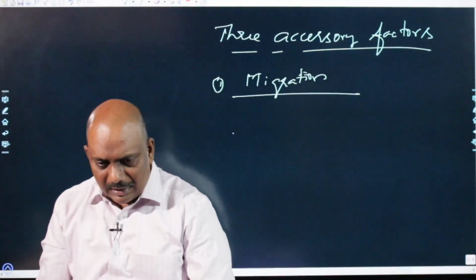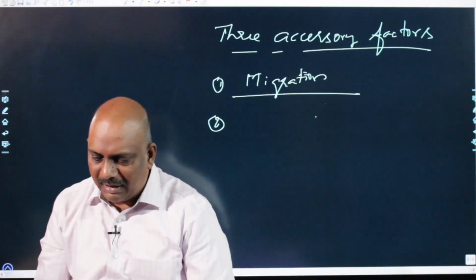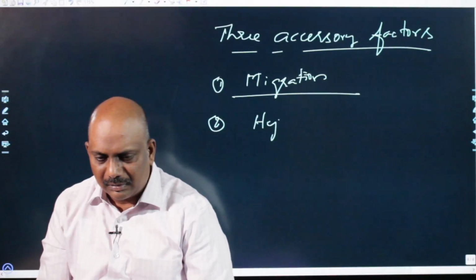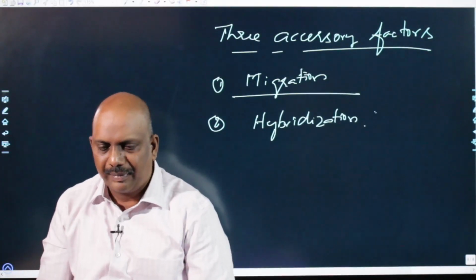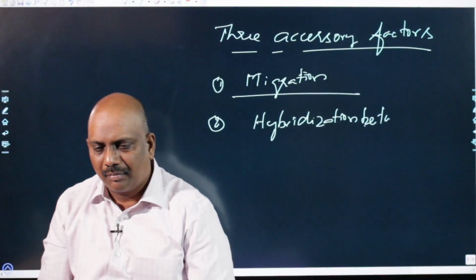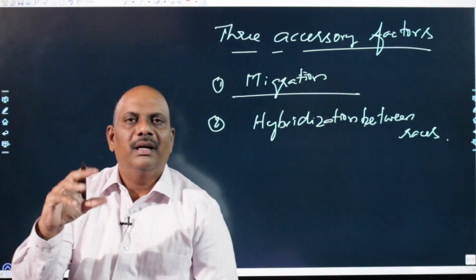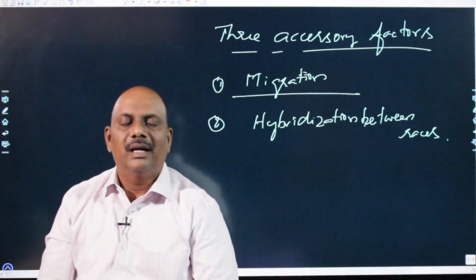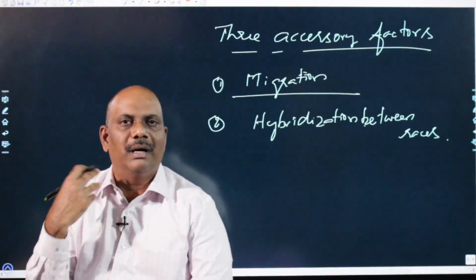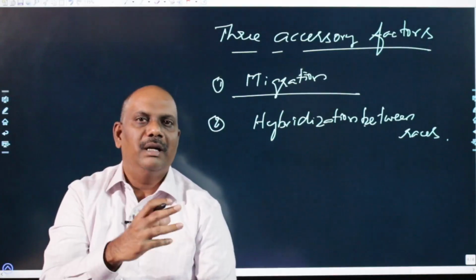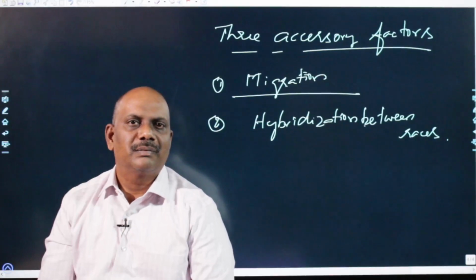First one, migration. Number two, hybridization between races. That is breeding among different populations. That will also bring in a number of new genetic combinations. If Mongoloid people breed with a Negroid population, there may be some exchange of genes.